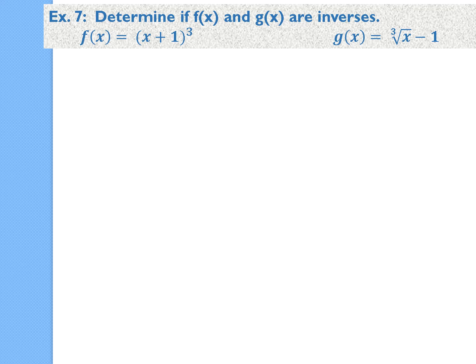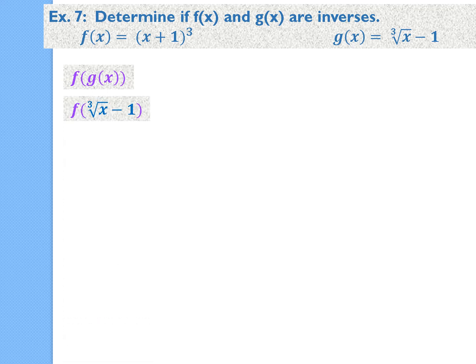So remember, the only acceptable test to prove that they are inverses is to do f of g of x and g of f of x. And if they both equal x, we're good to go. So I'm first going to do f of g of x. So that means I'm going to do f of the cube root of x minus 1.